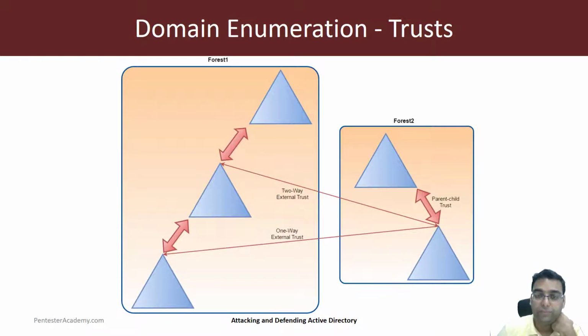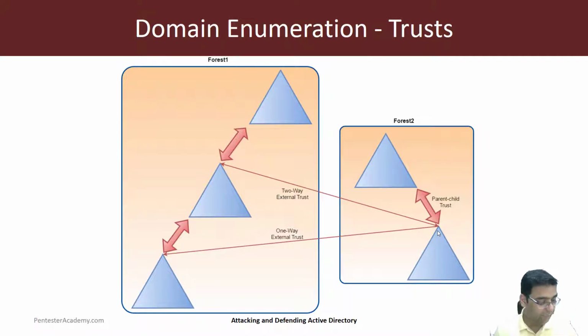For example, here in forest 1 and forest 2, we have different multiple domains. There is a two-way external trust from this domain to the domain of forest 2 and a one-way external trust to the same domain in forest 2. As we discussed, it could be one way or two way, and it is always called external trust.